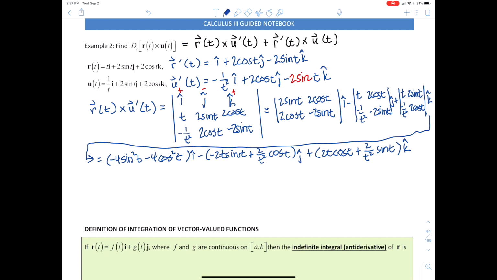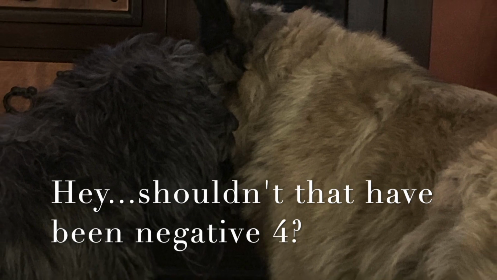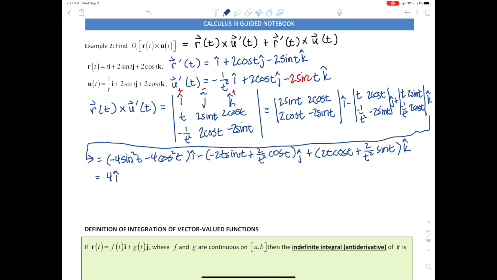Now, if you factor out a negative 4, you'll have sine squared t plus cosine squared t. So simplifying, we'll have 4i plus 2t sine t minus 2 over t squared cosine t.